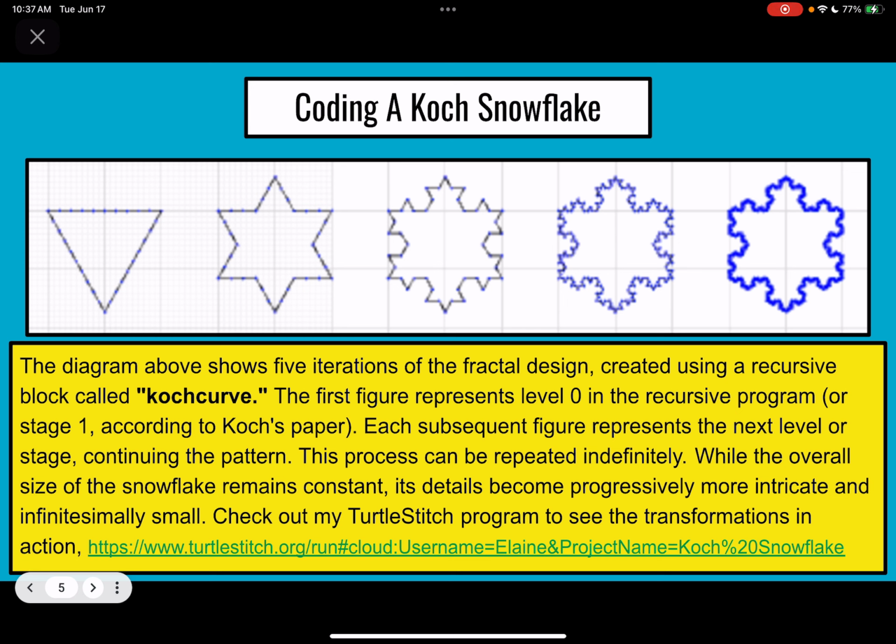This process can be repeated indefinitely. While the overall size of the snowflake remains constant, its details become progressively more intricate and infinitesimally small. Check out my TurtleStitch program to see the transformations in action. The link to this TurtleStitch program can be found in the YouTube description.